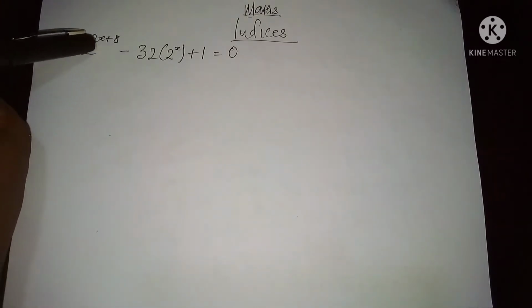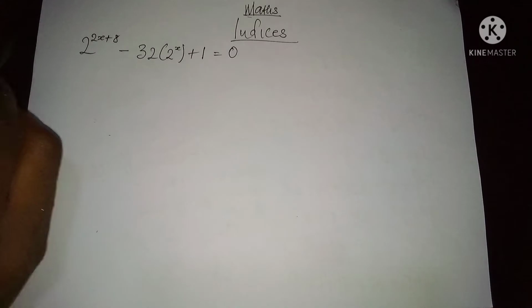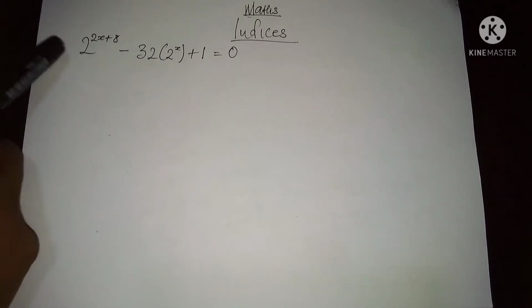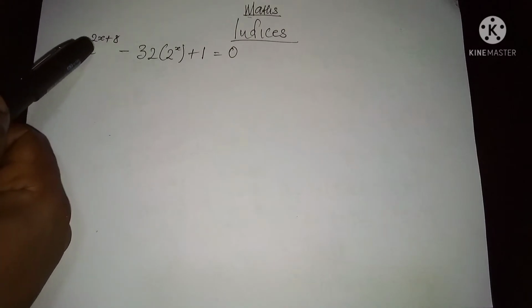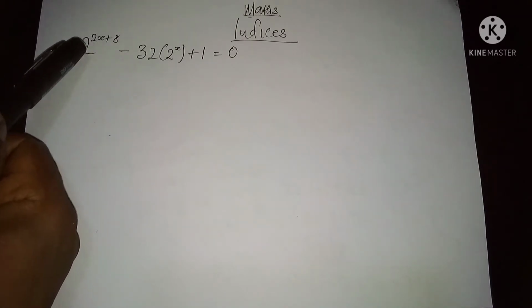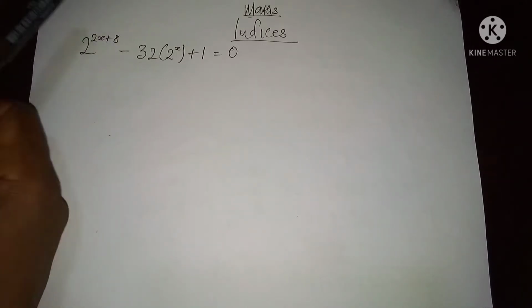We have 2 to the power of 2x plus 8. Now remember that what the law says, for us to add the index, we must have the same base. So for them to have added 2x plus 8, there must have been 2 to the power of 2x plus 2 to the power of 8.